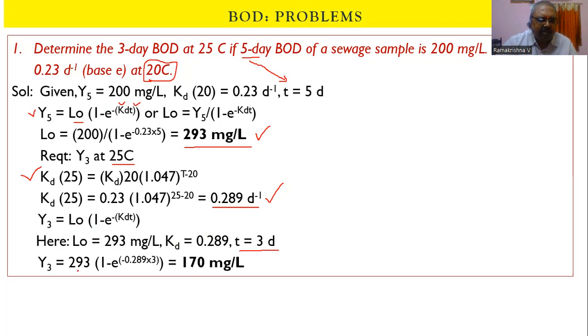So Y3 is equal to 293 into 1 minus e to the power of minus KDT, where KD is 0.289 and T is 3. You calculate and get 170 milligram per liter. Only 3 steps are required. First, you calculate L naught, then the rate constant for the desired temperature, and then BOD for the known period of incubation and temperature.